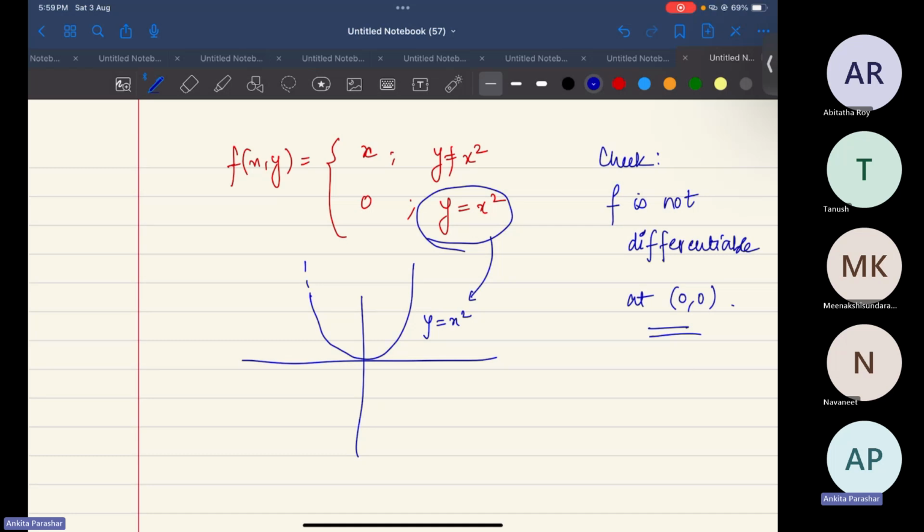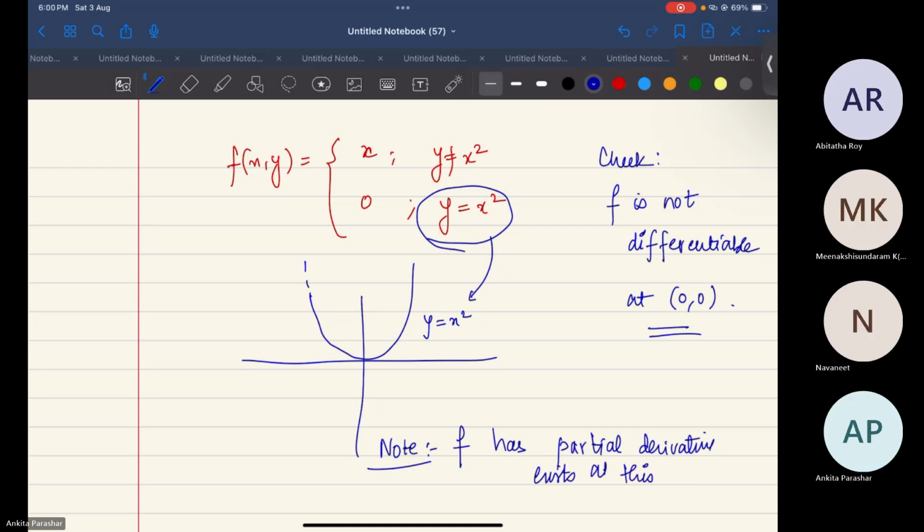Another important thing here is that f has all partial derivatives existing at this point. So you cannot argue through partial derivatives. You have to argue through the definition itself. Okay, so this is one example.